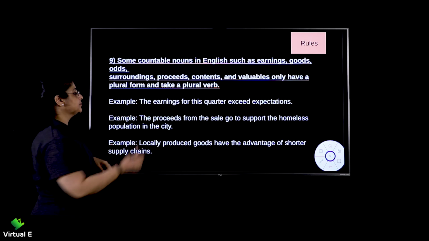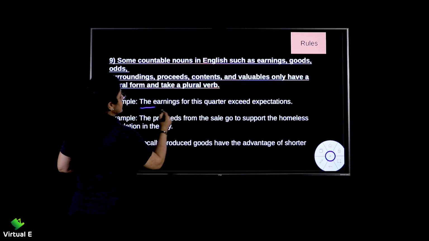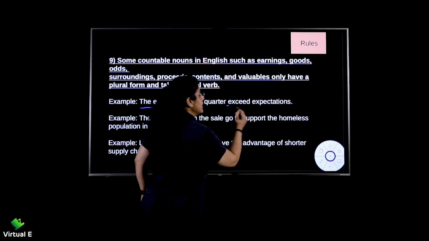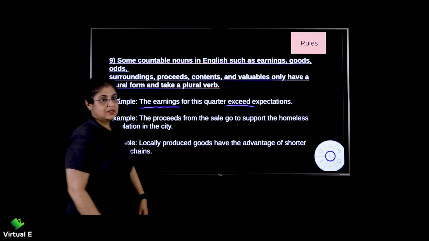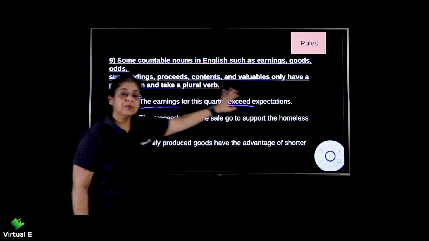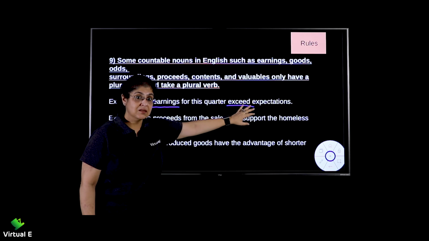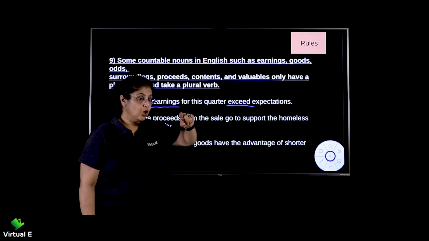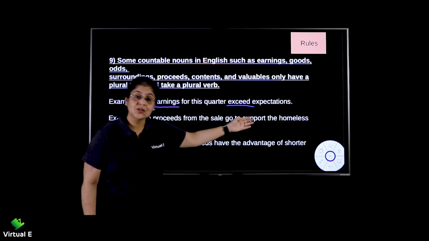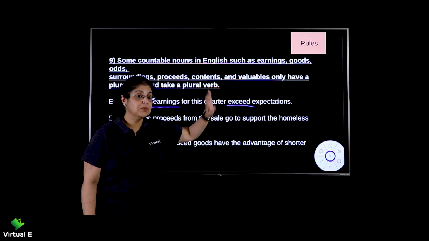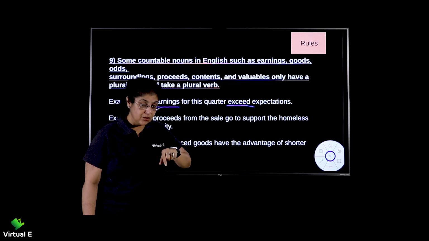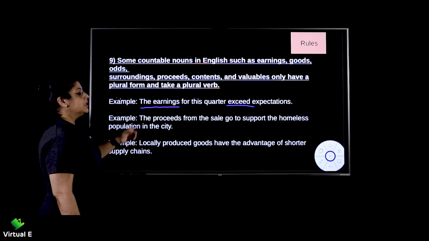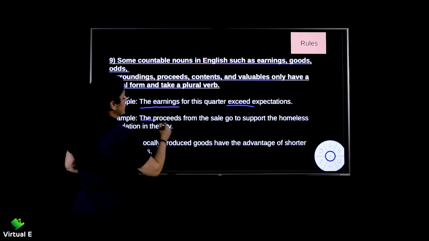So let's look at this. The earnings for this quarter exceed expectations. Plural, plural. Is there an S? If there would have been an S, what would it be? A singular verb. So this is plural, this is also plural, there is no S. Plural is no S. Singular is yes S. The proceeds from the sale, now look at this once again.